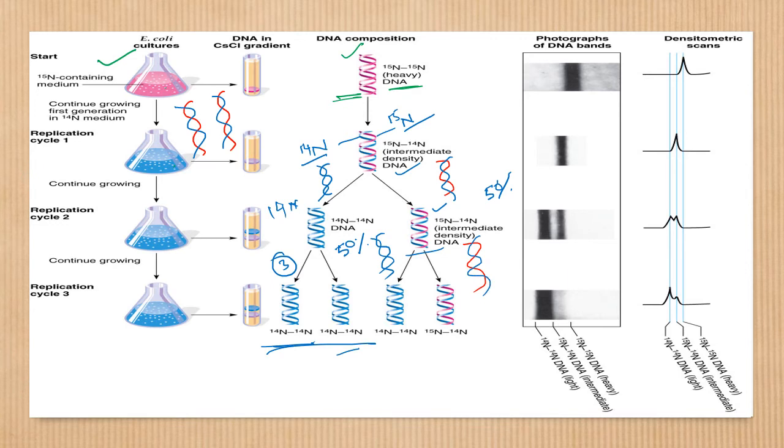So in the third generation, a total of 4 DNA molecules are formed. Of these 4 DNA molecules, only 1 by 4 is hybrid, 25% only. 25% of DNA is hybrid, and the remaining 75% of DNA is with light nitrogen.